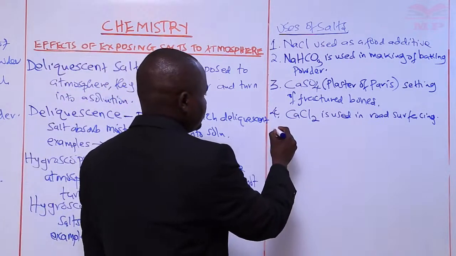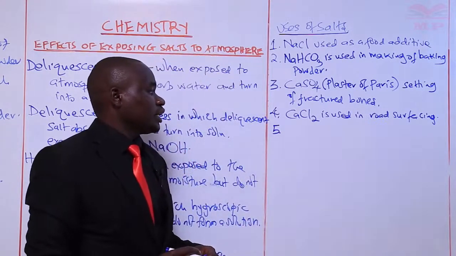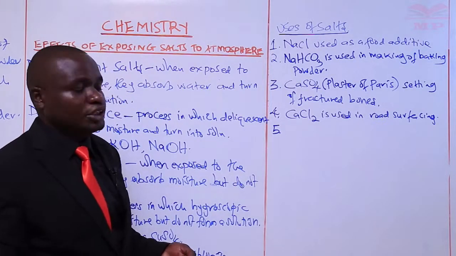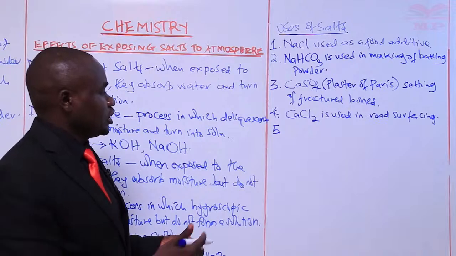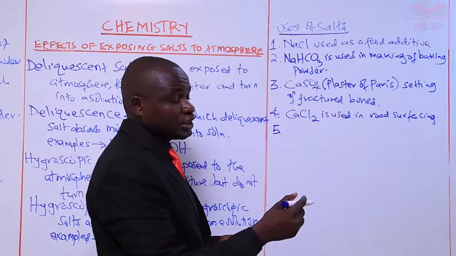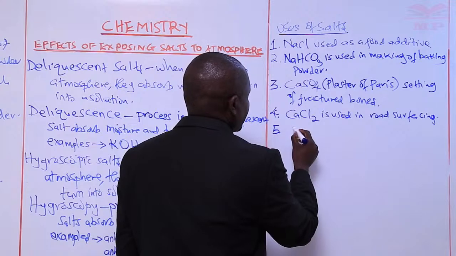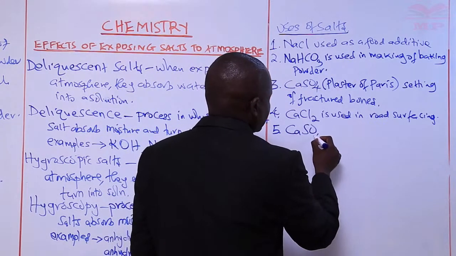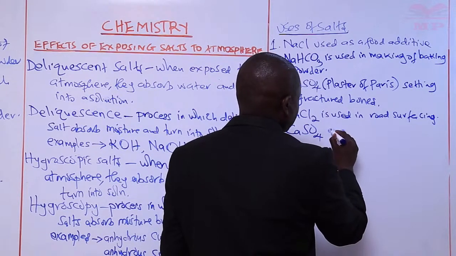And then another use of a salt is in some of the fertilizers that we use at home in planting. Most of them contain a mixture of salts. So one of them being calcium sulfate is used.